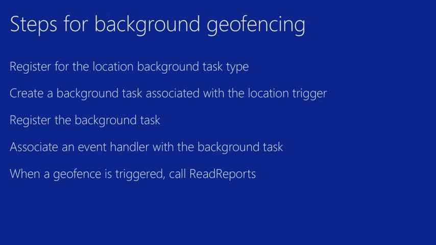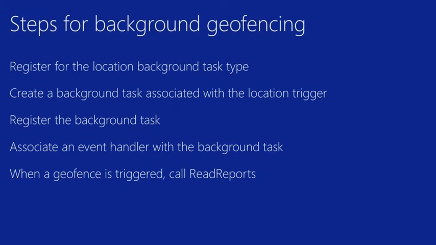The steps to enable geofencing as a background task are similar to those for something such as the timer task. After registering for the new location background task type in your manifest, you're going to be creating a background task associated with that location trigger. And after registering the background task with the system, including any system conditions that you care about, such as internet available or user present, you're going to simply associate an event handler with that background task.